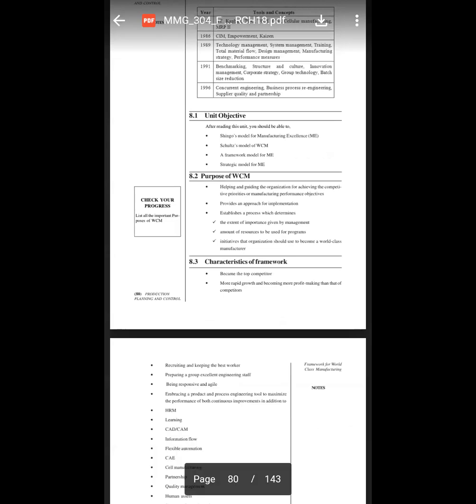It is also helpful for selling an optimum level of product to customers, and the customer also benefits. This framework is also helpful for supplying good world-class technological products to customers.